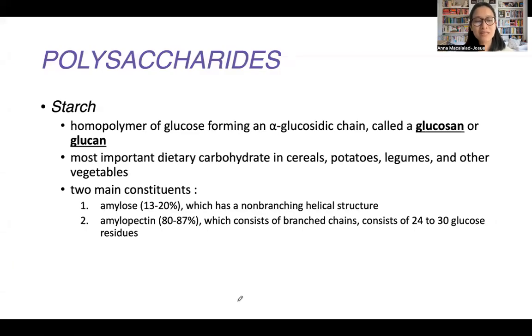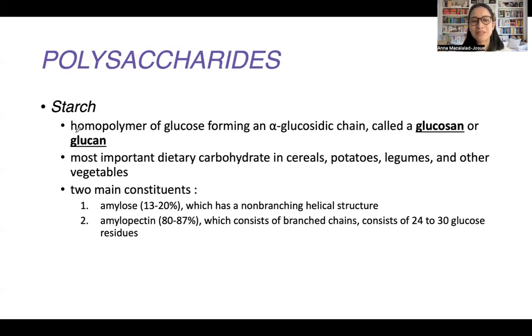Now we move on to polysaccharides. No? The major example of polysaccharides will be your starch. Starch is a homopolymer of glucose, forming an alpha glucosidic chain called a glucosan or glucan. No? Glucan is the more common term that you will encounter in the future. So it's just like a chain, no, of many glucose residues, more than 10.